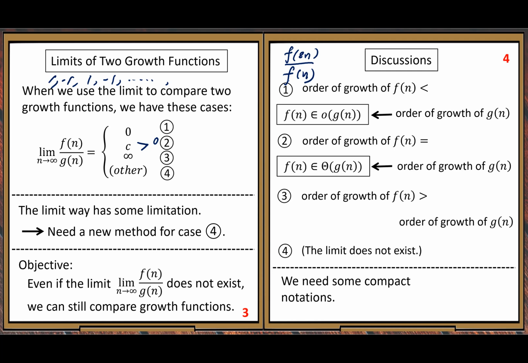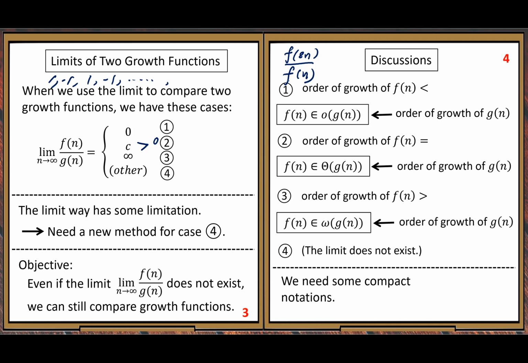The third case, little omega. When the order of growth of f of n is greater than g of n, we use little omega. Pretty abstract.